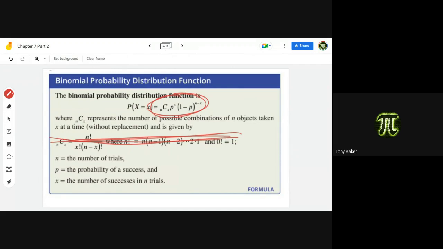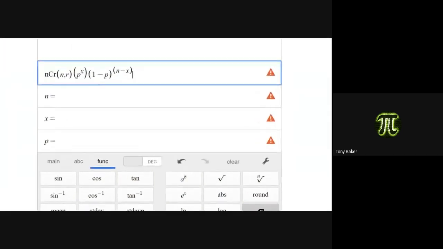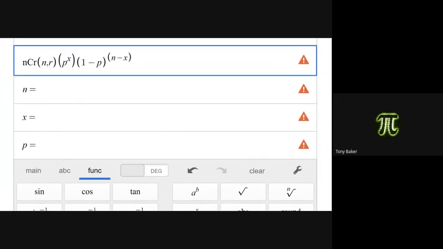Here's how we're going to make this one easier. You're going to use Desmos. Yes. So in Desmos, you can type the formulas into it. So that is what I just did. So on that first line, I typed the exact formula in that was just on the screen.